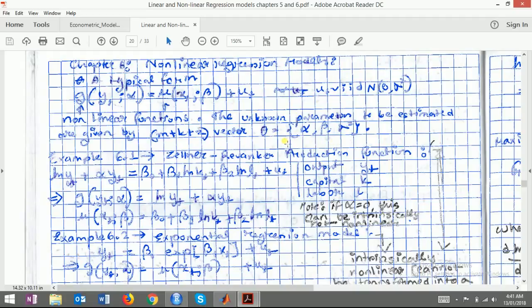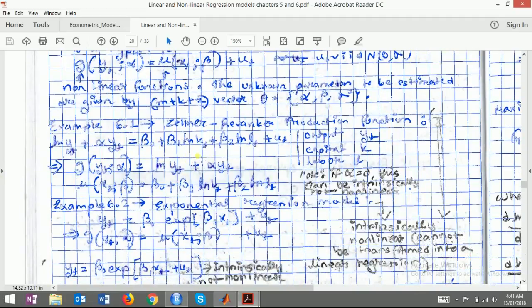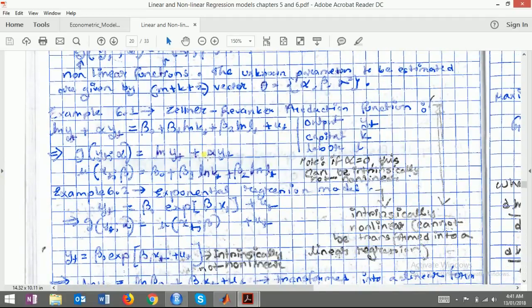So to start with, an example: the Zellner-Revankar production function, which is log of yt plus alpha yt equals beta naught plus beta 1 log of kt plus beta 2 log of lt plus ut, where yt is the output, k is capital, and L is labor.